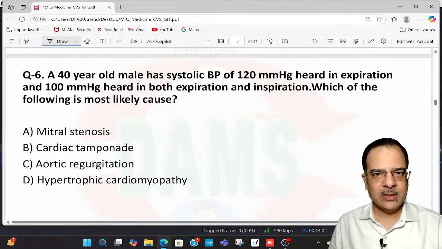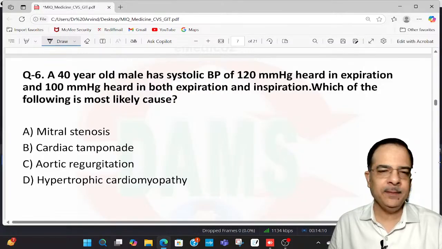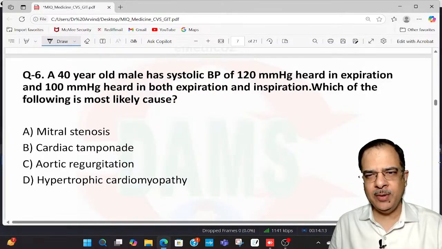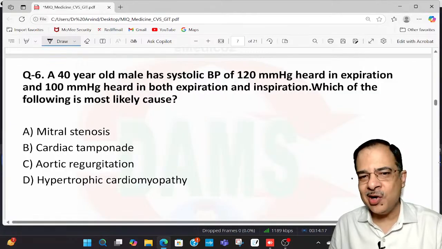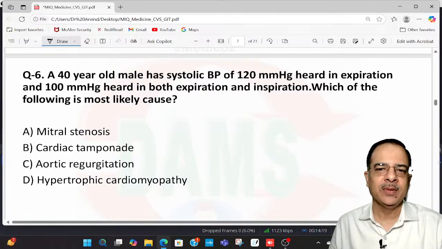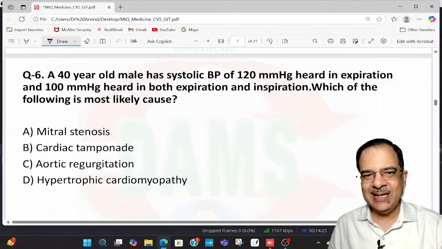Now coming to question number 6, the patient has a systolic BP. Let me check who can give me the correct answer here. Patient has a systolic BP of 120 heard in expiration and 100 millimeter of mercury heard in both expiration and inspiration. Which of the following is the most likely finding? So what is this clinical sign known as?